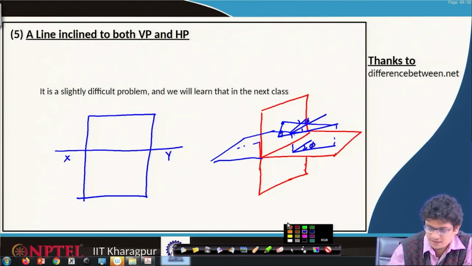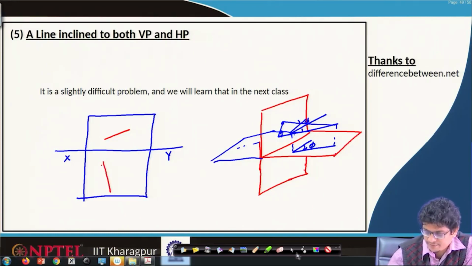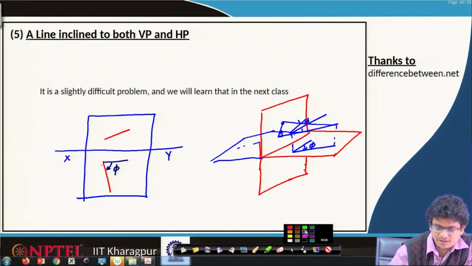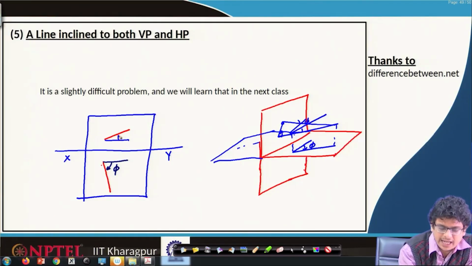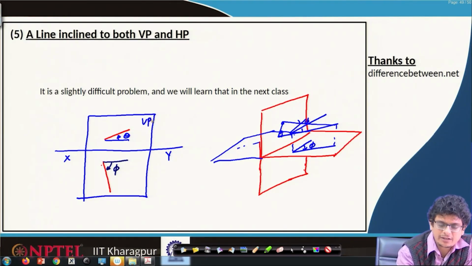If your line creates an angle here, similarly it creates an angle in this direction, this angle phi, this angle something theta, and this is the vertical plane, front view what we call, and this is the horizontal plane, top view.